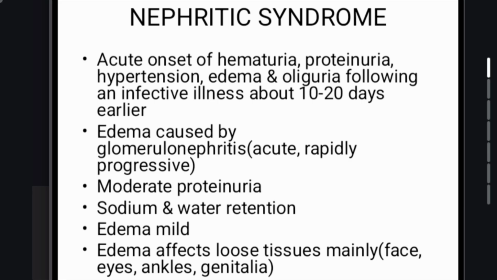Oliguria is a decreased amount of urine. So somebody will be passing a little urine. Usually, the normal amount of urine for a human being, if you have to calculate, is around 0.5 ml per kg per hour. So if you want it in 24 hours, you multiply by 24. That is in the normal adult.